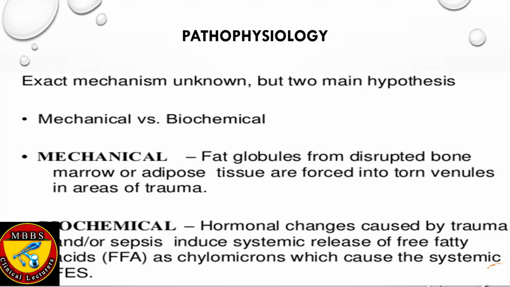Whereas the biochemical hypothesis says that hormonal changes caused by trauma or sepsis induce systemic release of free fatty acids. These free fatty acids cause injury to the endothelium, platelet activation, and free radical injury, and together they present as fat embolism syndrome.